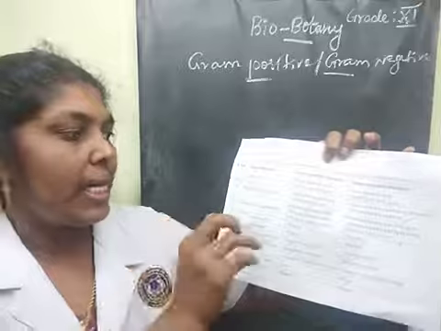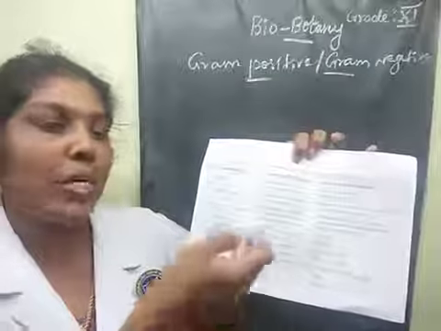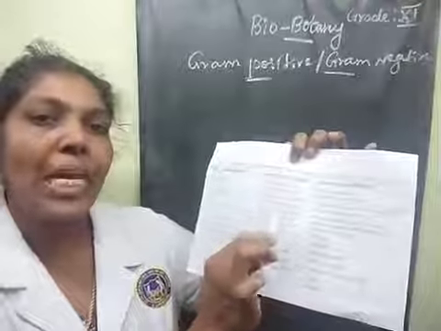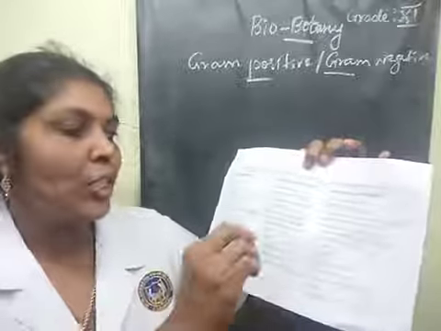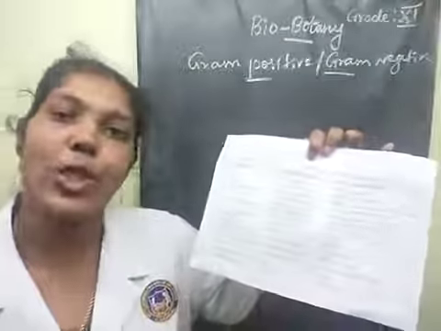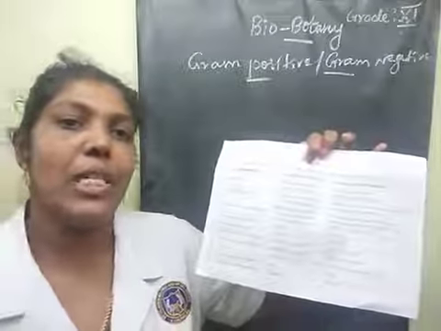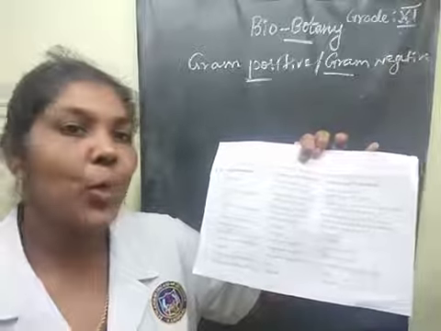Clear? Yes. Next one is the chemical composition. What are the chemical substances present there? In gram positive, peptidoglycan is present at 80%. The remaining is polysaccharide, 20%. Also present are some teichoic acids.